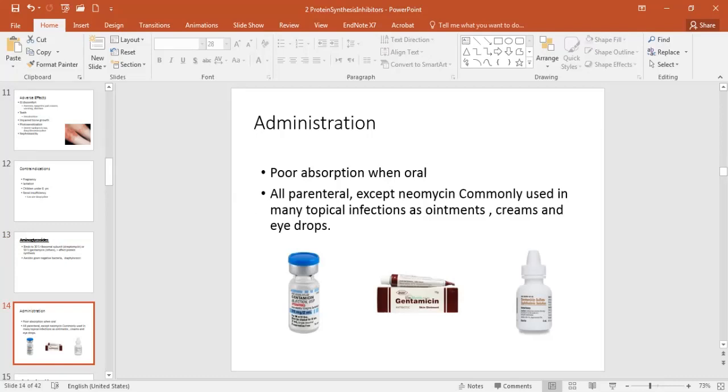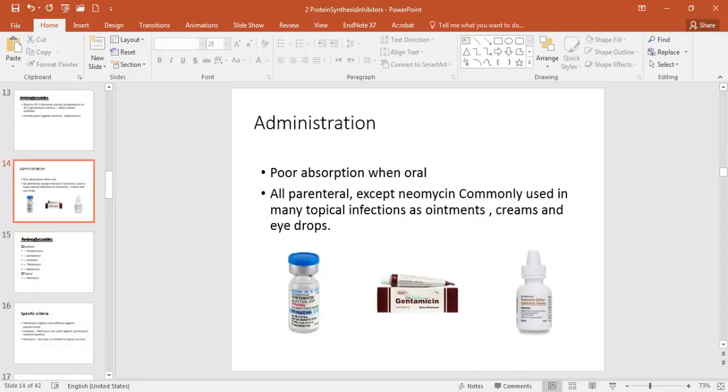Injection، ماكو tablet or capsule of aminoglycoside except neomycin. neomycin ممكن نشوفه in the form of many topical preparations for topical infections like in ointments or creams or eye drops، ولا البقية هنا كلهن are injectables.